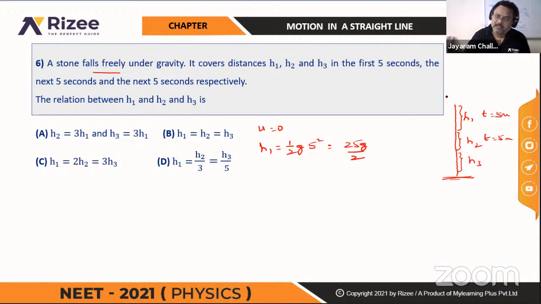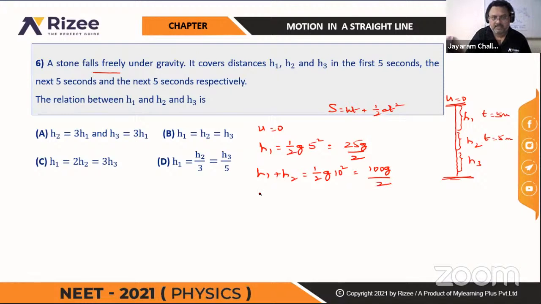Now I'm taking the initial velocity u to be 0 again, so I'll use the same relation s is equal to ut plus half a t square. But I'll go for the total 10 seconds from the start. So h1 plus h2 is equal to half g into 10 square, which implies 100 g by 2.